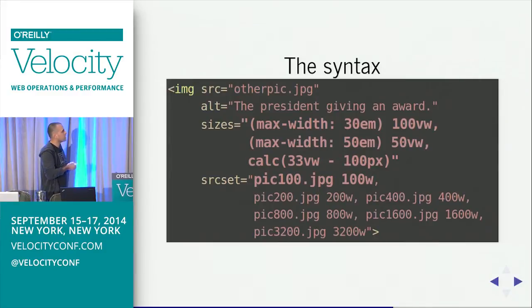Sorry, when the viewport is between 480 pixels and 800 pixels, so between 30 and 50 EMs, the image width would be 50 VW, 50% of the viewport. And otherwise, it would be a third of the viewport minus 100 pixels that we're reserving for gutters or whatever.